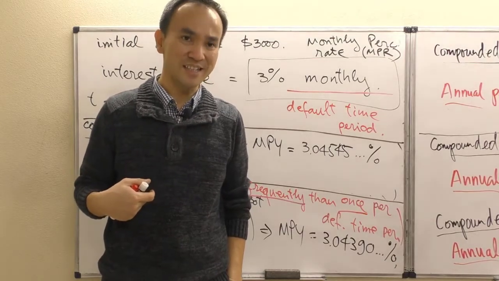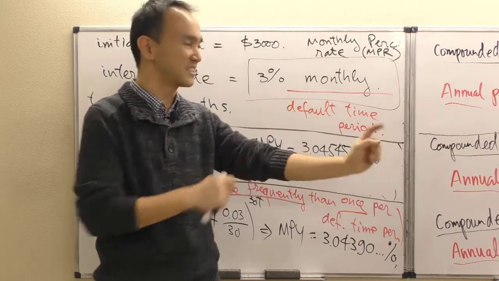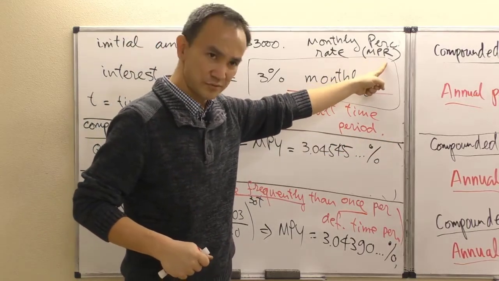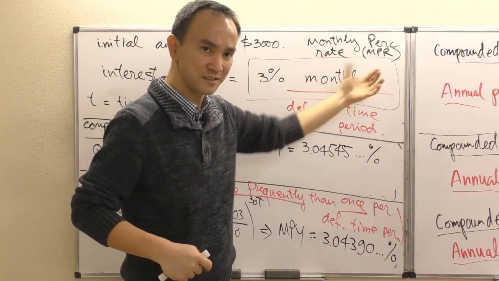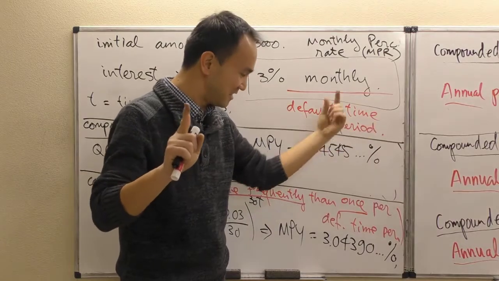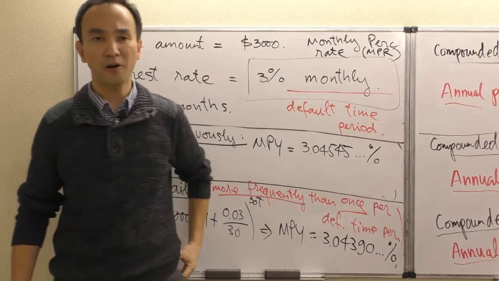All right, it could be a headache sometimes, but now we're starting to get to that core understanding that there's a clear distinction between the percentage rate in a default time period, that's the key idea right there, versus the percentage yield in the same default time period.